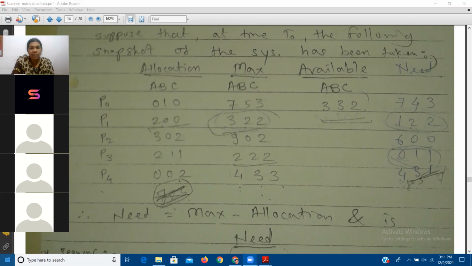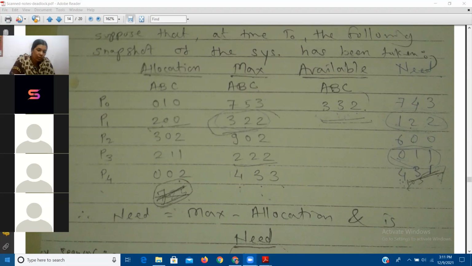The last process is P2, and P2 requires 6, 0, 0. I will subtract 6, 0, 0 from the available, so it becomes 1, 5, 5, and after completion of P2, it will release 9, 0, 2. So 1, 5, 5 plus 9, 0, 2, finally I will get 10, 5, 7.